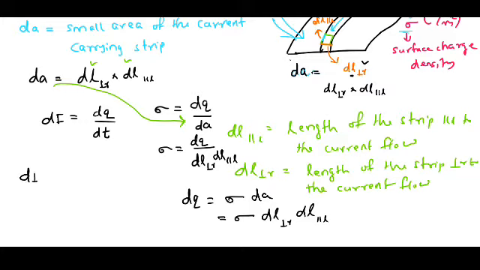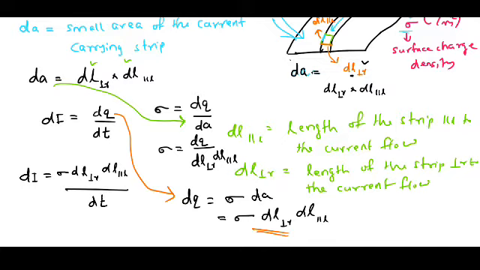That is, di is equal to, I replace this dq by the expression sigma dl perpendicular dl parallel. This will be equal to sigma dl perpendicular into dl parallel divided by dt.